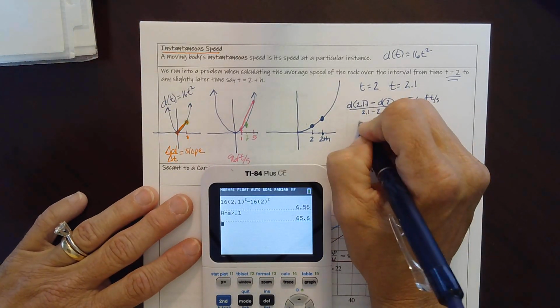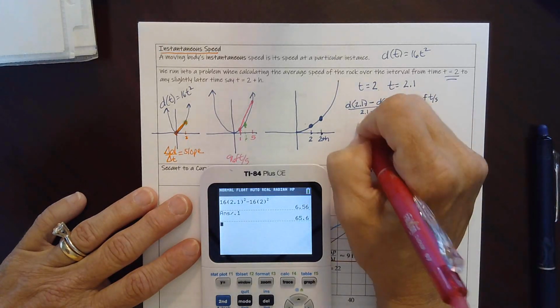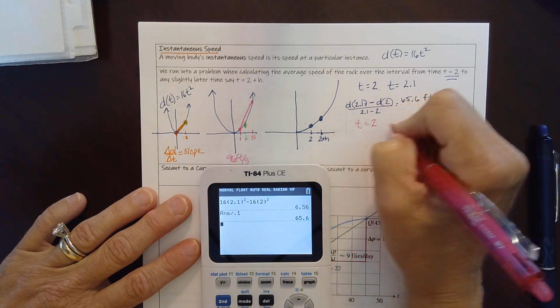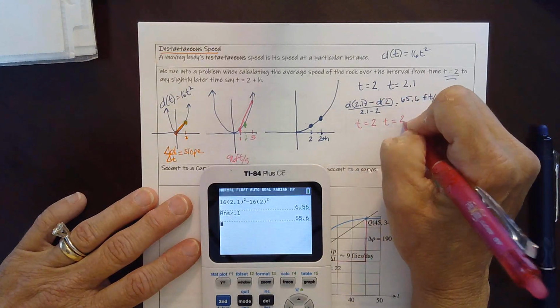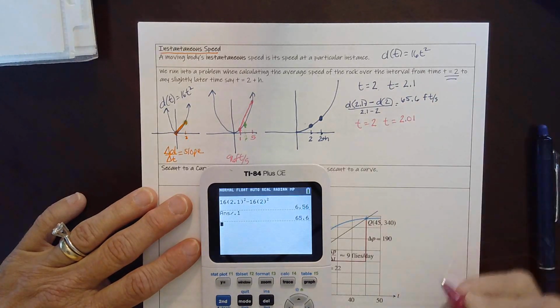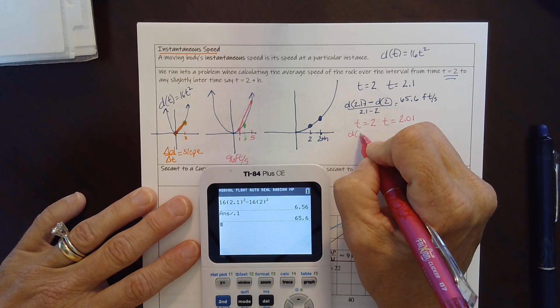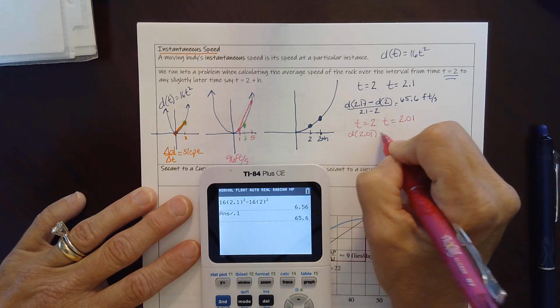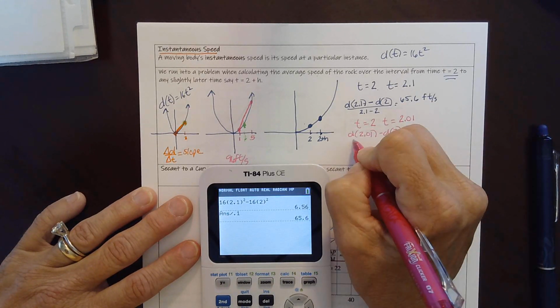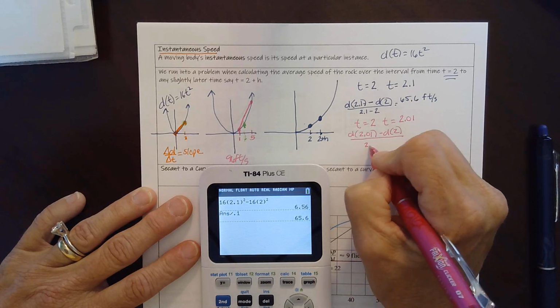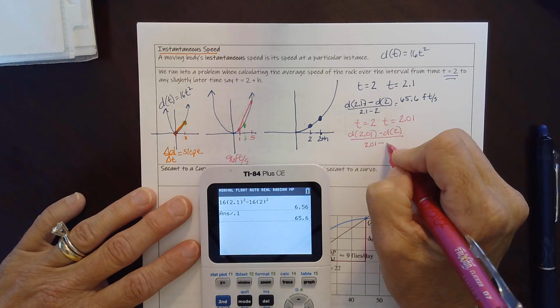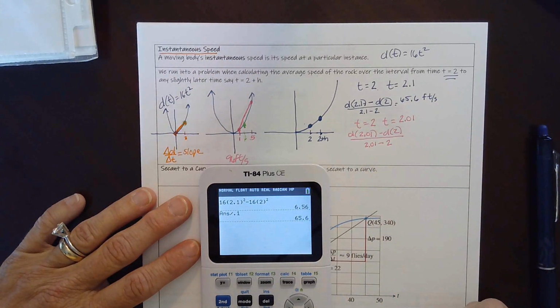Well, we're going to continue with t equals 2, but what about t equals 2.01? Let's see what happens there. So this is d of 2.01 minus d of 2, divided by 2.01 minus 2. Is that right? Yeah.